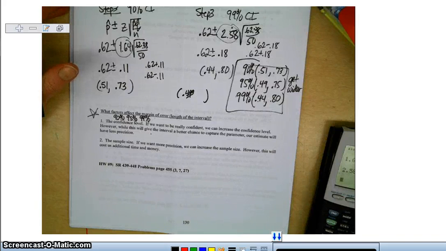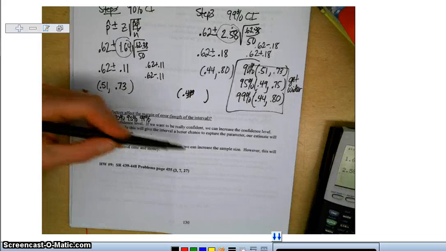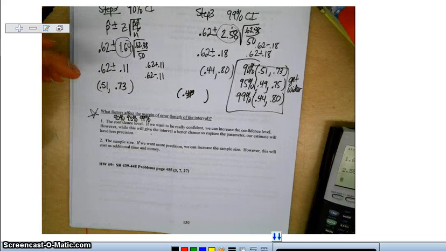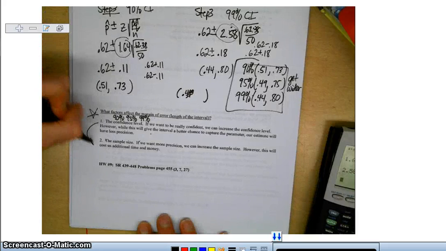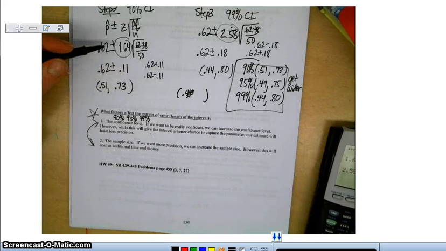Sometimes you seem wishy-washy if you give too big of an interval. And the sample size. If you want more precision, you can increase the sample size, but it usually costs additional time and money. So two things that you can do to affect the length of the interval. That's the margin of error.